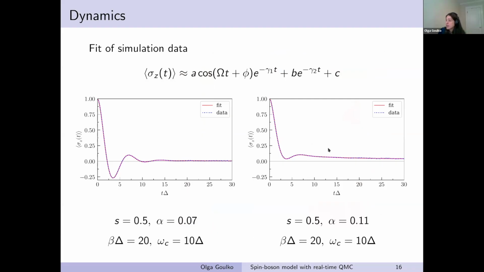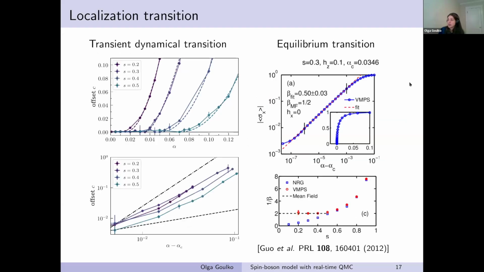And here are examples of two fits where you can see that heuristically these fits describe the data well, and they will allow us very nicely to extract the oscillation frequency, various damping coefficients, and to distinguish between localization and delocalization.